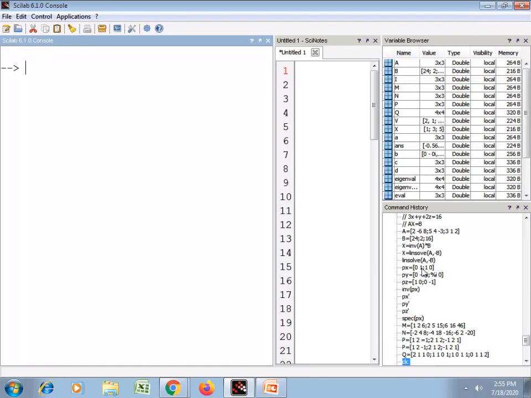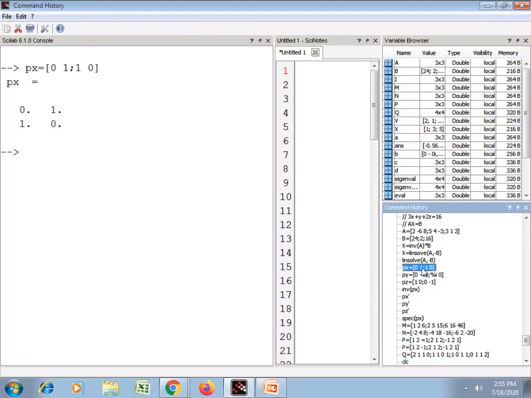Let's try these commands with some popular matrices in physics like Pauli spin matrices. As we know, there are three Pauli spin matrices. First is 0 1, 1 0. Then second matrix is 0 minus i, i 0.